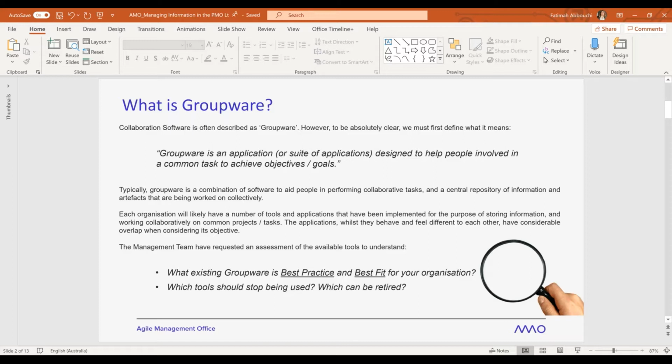Now, most organizations, if not all organizations, no matter how small or large, will have a number of different tools and applications that have been implemented for the purpose of storing information, but actually being able to also work on that information collaboratively. Now, being a small business ourselves, for the last 4 years, we have been very proactive in setting up all of our Groupware so that we can access our information at any time from anywhere in the world.